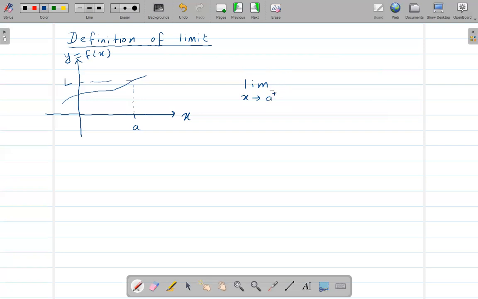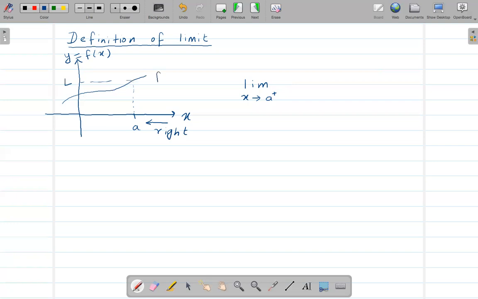A plus on the top means the x values on this x-axis are approaching towards A, and positive means it is approaching from the right. Approaching means it is going towards that point, but it's not exactly that point, but it's going towards that point A from the right.